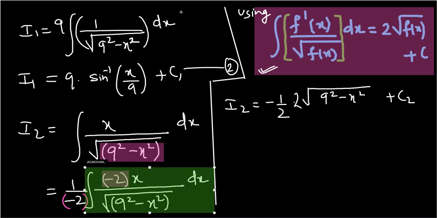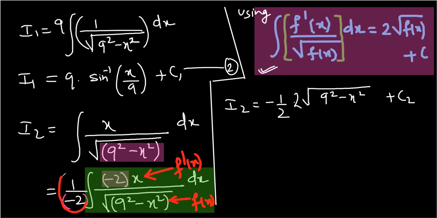It is 2 root f of x: f dash x upon root f of x is equal to 2 root f of x.